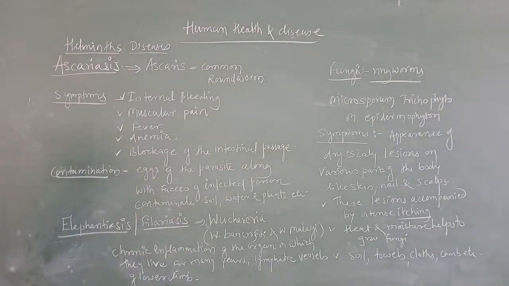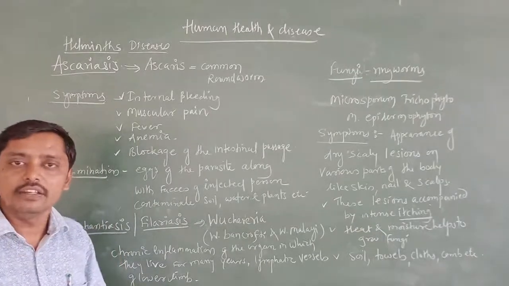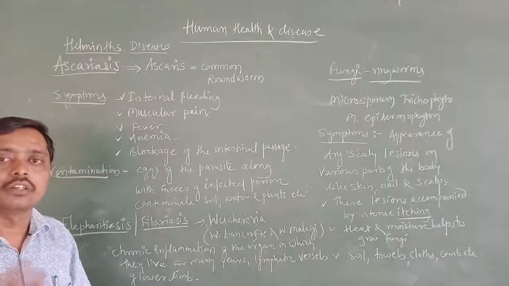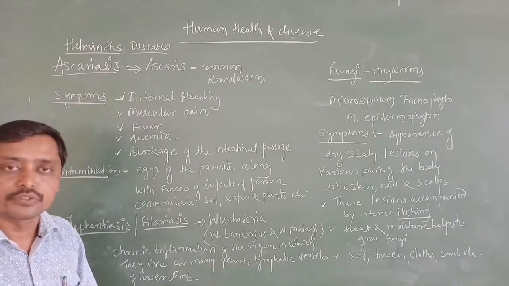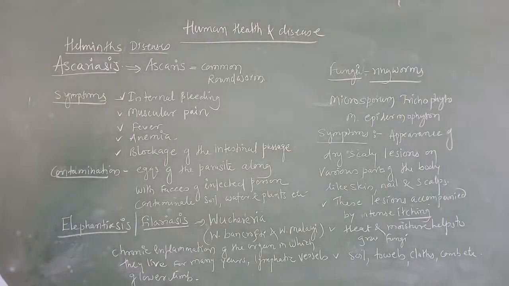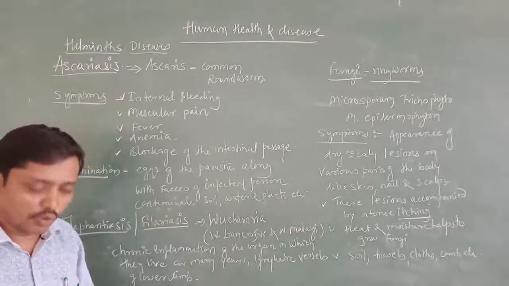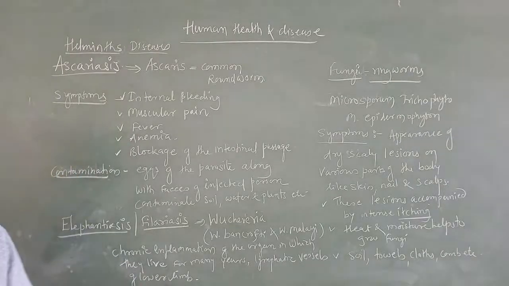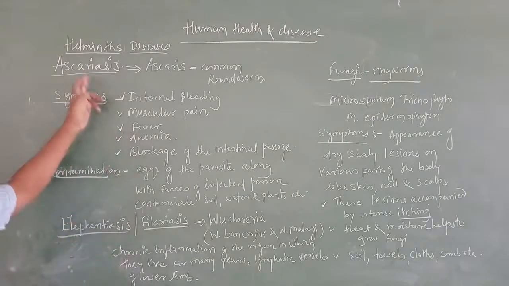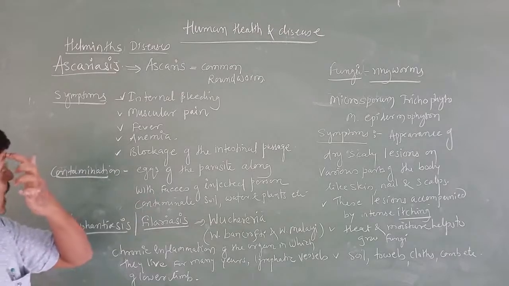The infected person's feces contaminate soil, water and plants. If a normal person consumes contaminated water or contaminated fruits or vegetables, these eggs are transmitted into his or her body, and there they start growing, further development and maturation take place, and that leads to ascariasis. This is the thing about ascariasis.